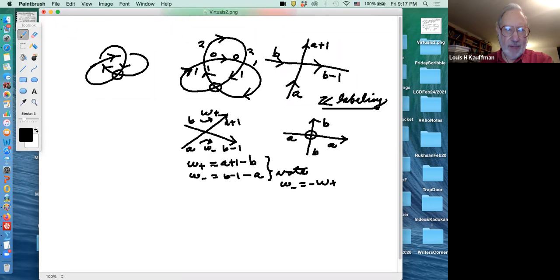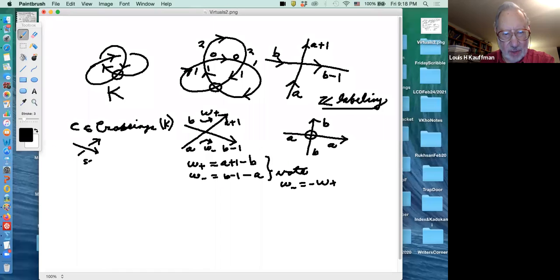And now we define a polynomial associated with the knot in the following way. We define for a crossing C belonging to the crossings of the knot, well, then we have actual crossings, and they have signs, and this is a crossing of sign plus, and this is a crossing of sign minus.